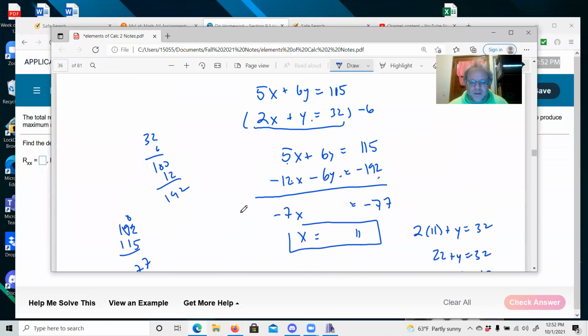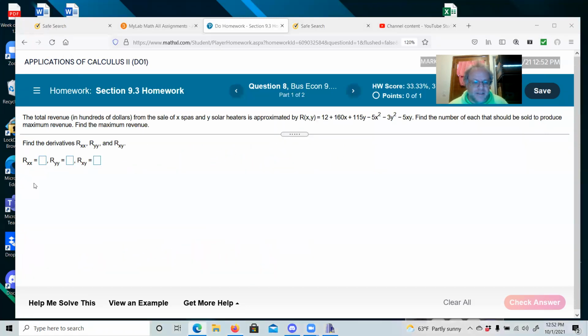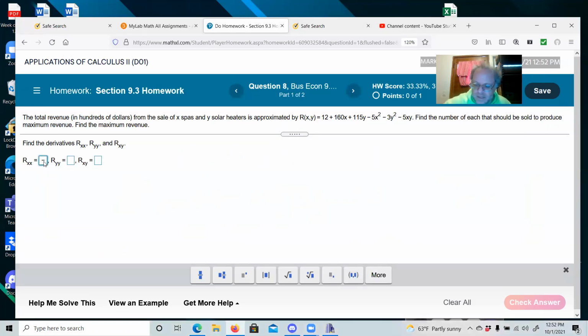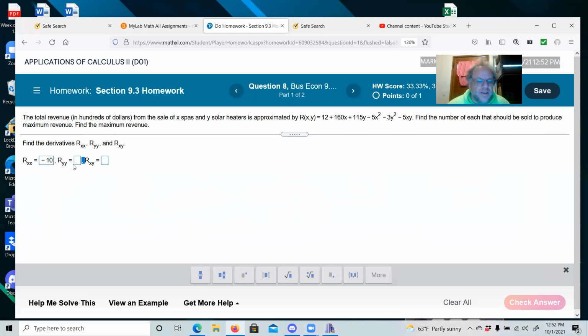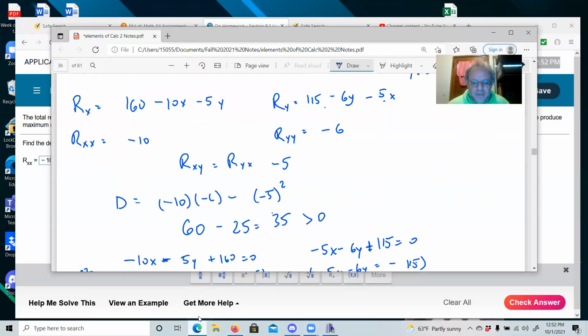So R of xx, let's go ahead and finish this up here. R of xx, this was negative 10. R of yy, this was negative 6. And I think R of xy, this was negative 5. Let me go ahead and double check. Yep, negative 5.